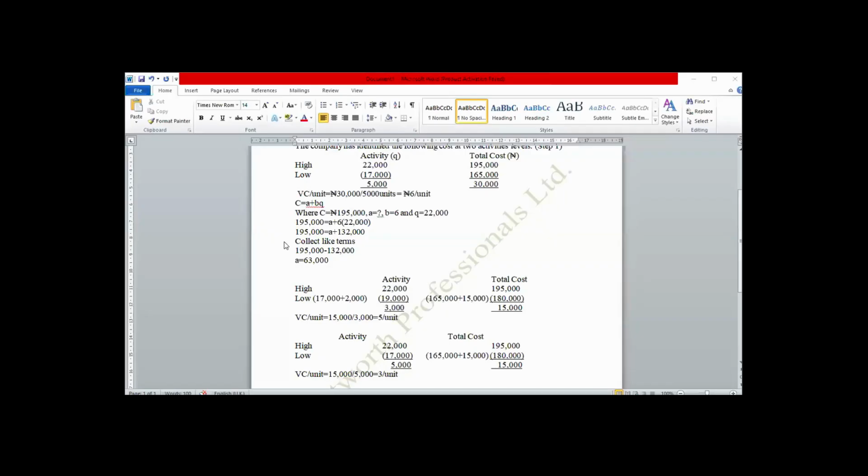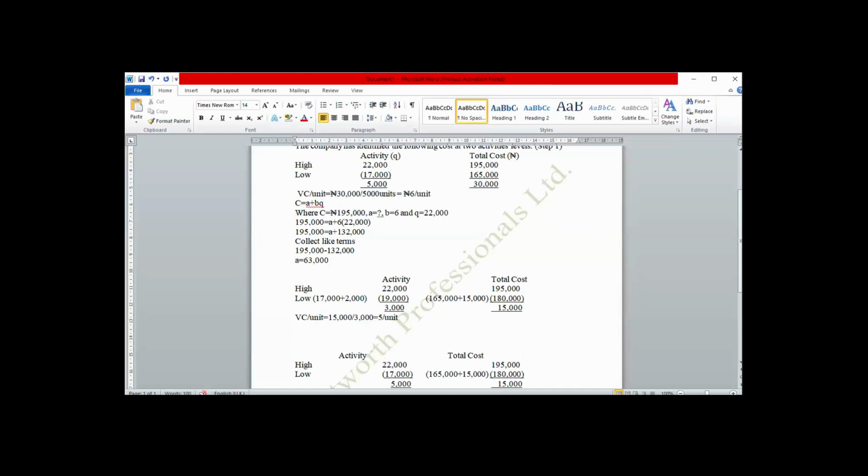Now, looking at it, you can see the way we have gotten this. If I want to use this, look at what will happen to my fixed cost. Look at what will happen to the second one. Where we use 19,000, what will be our fixed cost? Where we use the other one, what will be our fixed cost?